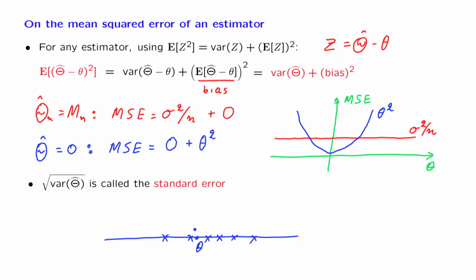Having a large standard error means that our estimation procedure is quite noisy and that our estimates have some inherent randomness and therefore also have a lack of accuracy. That is, they cannot be trusted too much. That's the case of a large standard error.